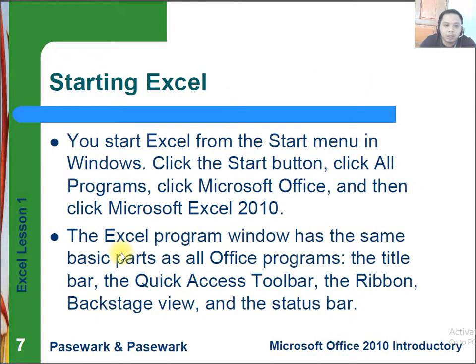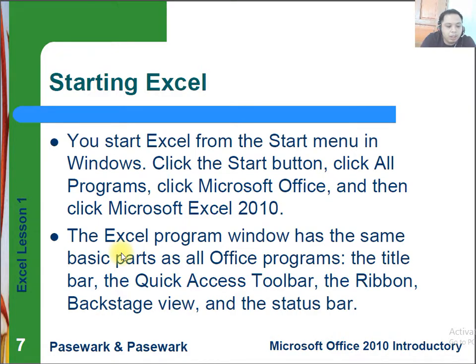Okay, next one. Okay, you start Excel. Okay, so starting Excel, how to open or how to start the Microsoft Excel 2010. Okay, so meron tayong different ways para ma-open siya. So one of those is ito, you start Excel from the start menu. Alam niyo naman siguro ang tsura ng start menu, or how to access the start menu.